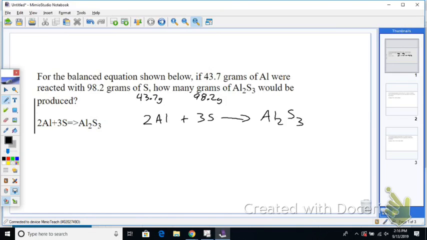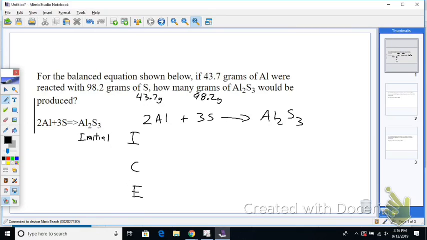Now, what I'll do down here is I'll write I, C, and E. Later on, like next semester, this E is going to stand for what's called equilibrium. The C stands for change, and the I stands for the initial amount. Before you get going, it will tell you how much you have of each.